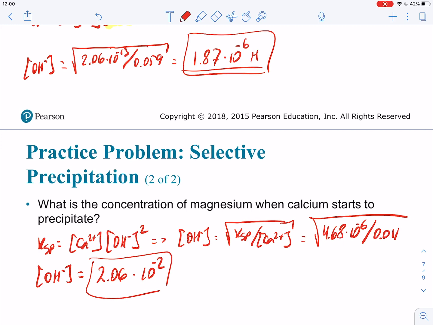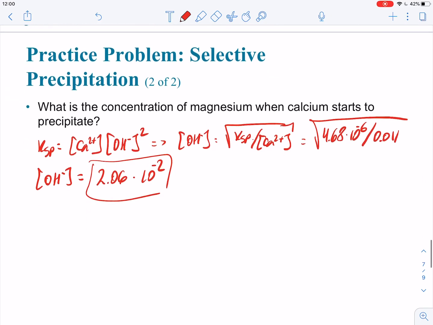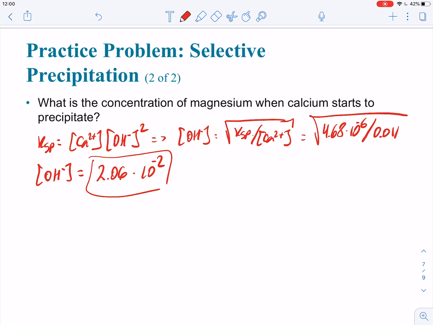So that's the first step. Now, that is the concentration of hydroxide when calcium starts precipitating.